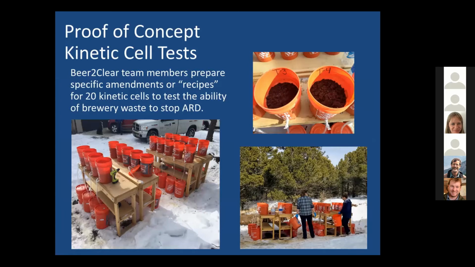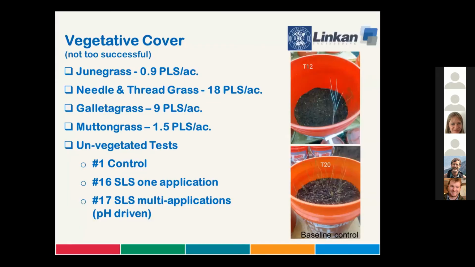And these were assembled in Tahne's backyard in January of 2020. Initially, we were concerned about the brewery waste attracting the local deer herd, but they seemed to lose interest once the brewery waste was mixed in with the tailings. As I said earlier, we used a seed mix on some of the test cells, but they weren't too successful.